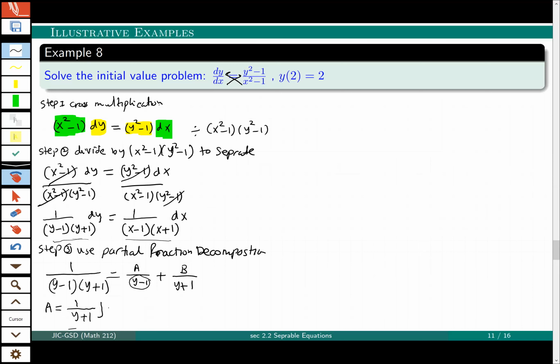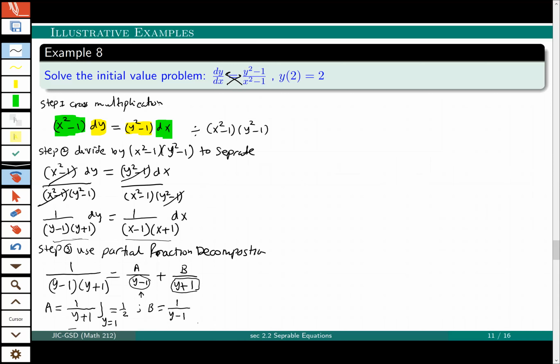So we just ignore the quantity y minus 1, but we have to evaluate with the zero of this factor. The zero of this factor, y is equal to 1. So we need to evaluate at y equals 1, so I get 1 half. Same thing, b. I will take everything except this quantity. So everything means here I have 1, so it is 1 over y minus 1, since we ignore only y plus 1.